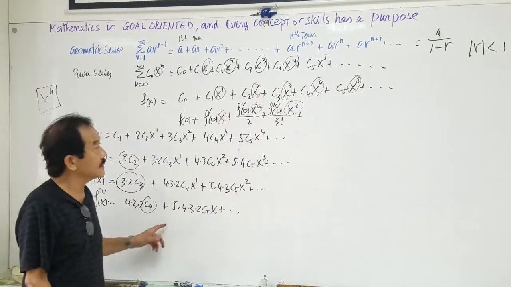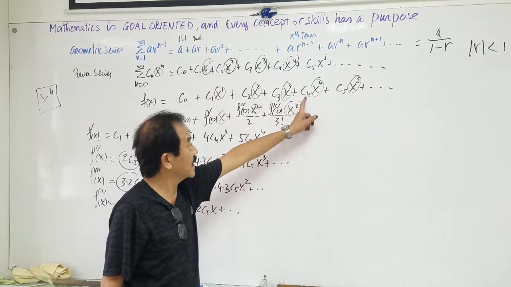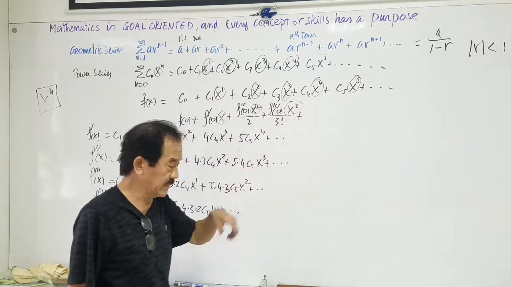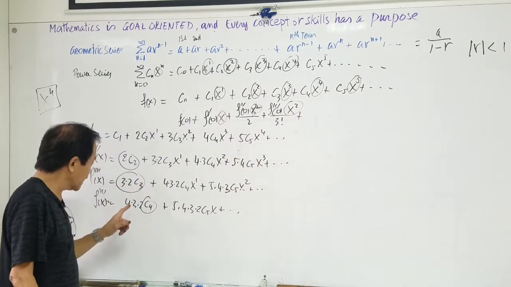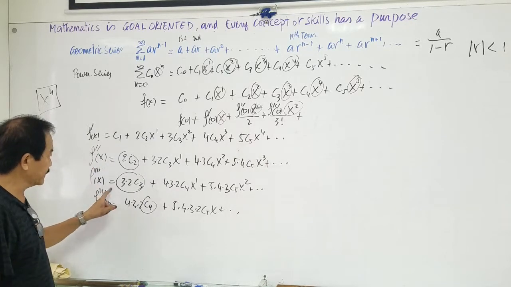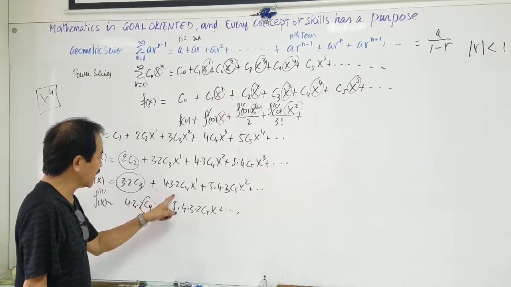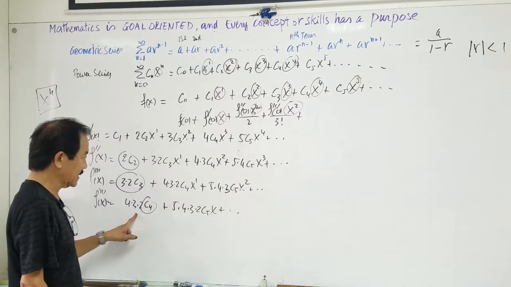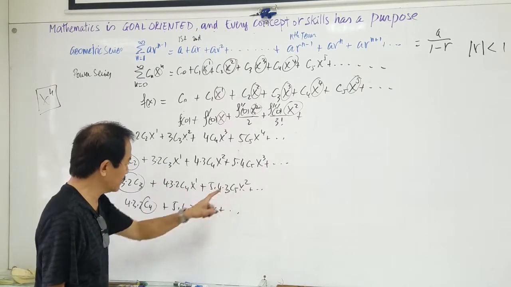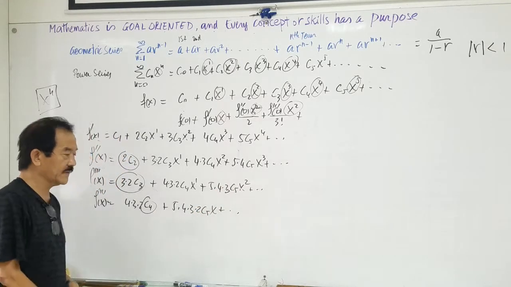Now I continue to find out what C4 is in terms of f. From here I take the fourth derivative. This one is gone, equals 0. The fourth derivative equals 4 times 3 times 2 C4 right here, and 5 times 4 times 3 times 2 C5 x.